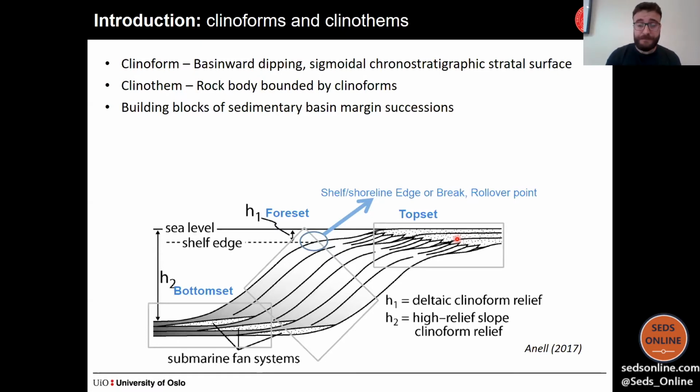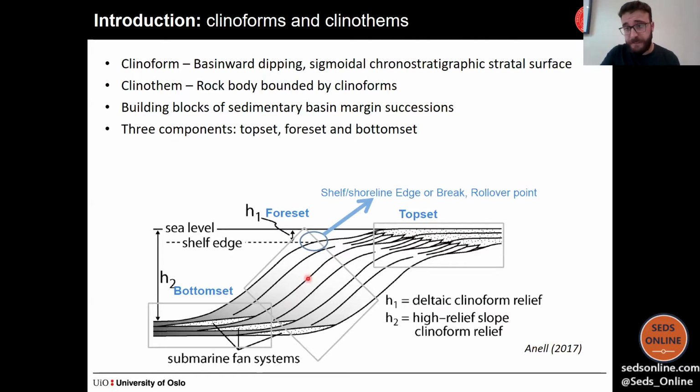And here in the figure underneath, you can see the three main components of clinothems: topsets, which are the normally shallow dipping upper part of the clinothem; foreset, the intermediate and often steeper part of a clinothem; and then bottomset, which is the distal and also often shallow dipping part.